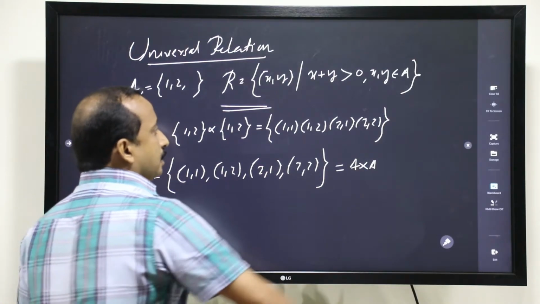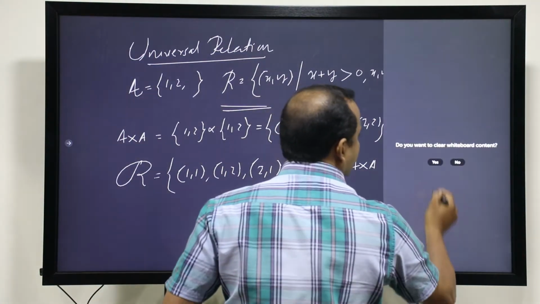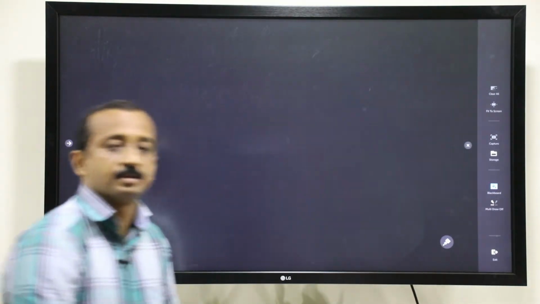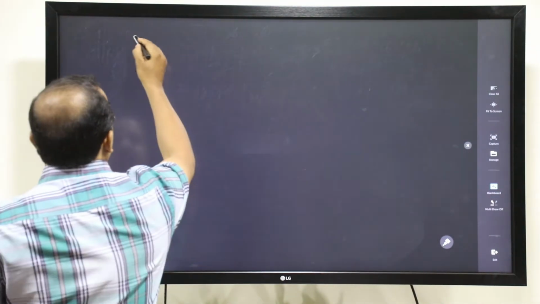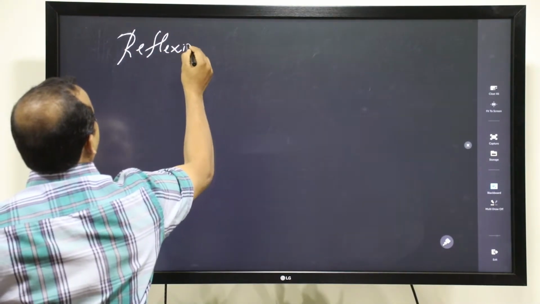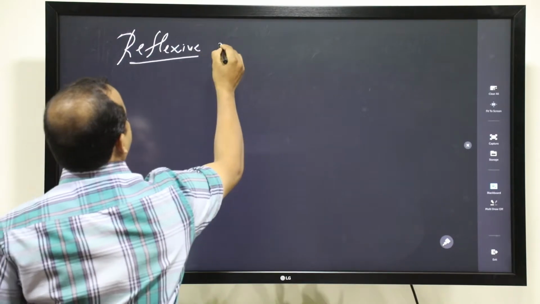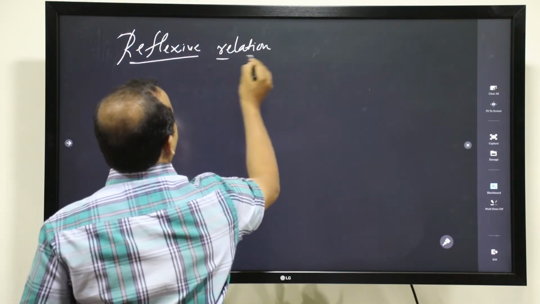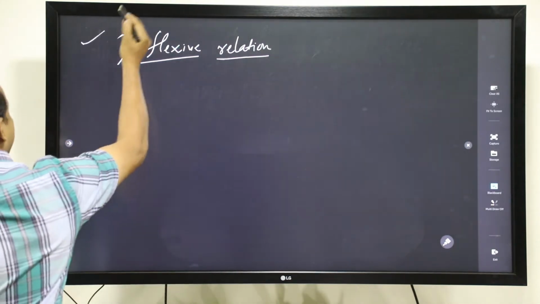Okay, now we discuss a new type of relation. These are all very important relations. The next type is the reflexive relation. What is a reflexive relation? It is a very important relation.